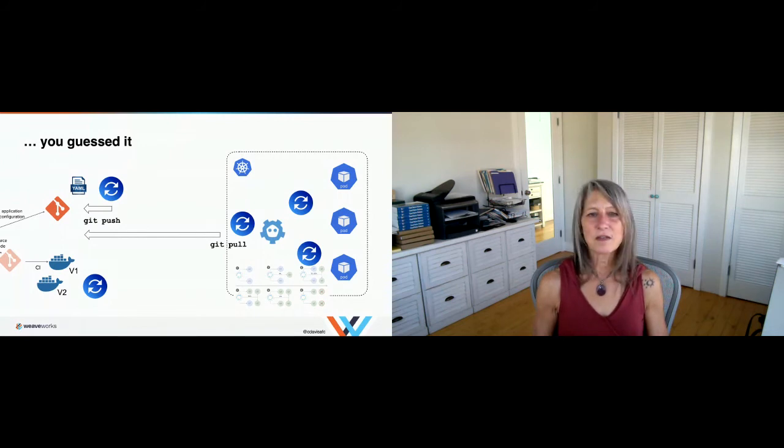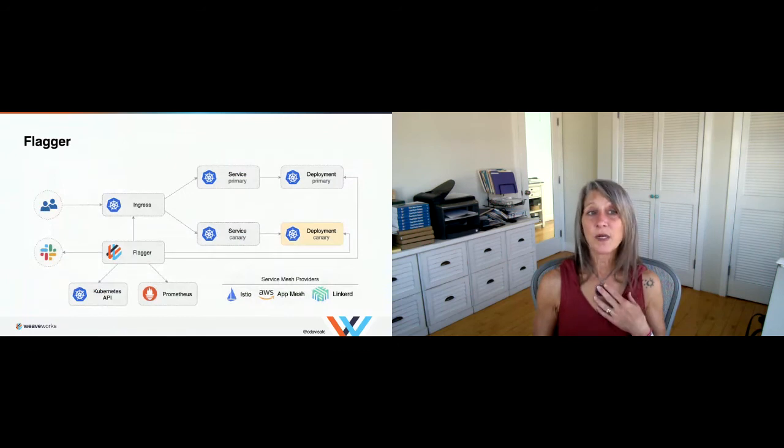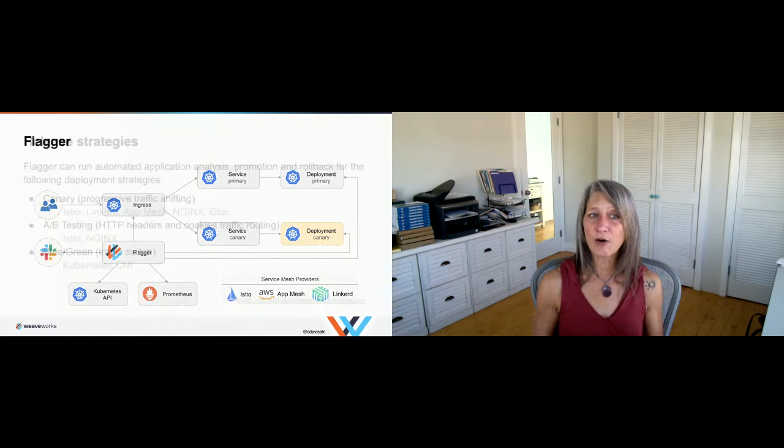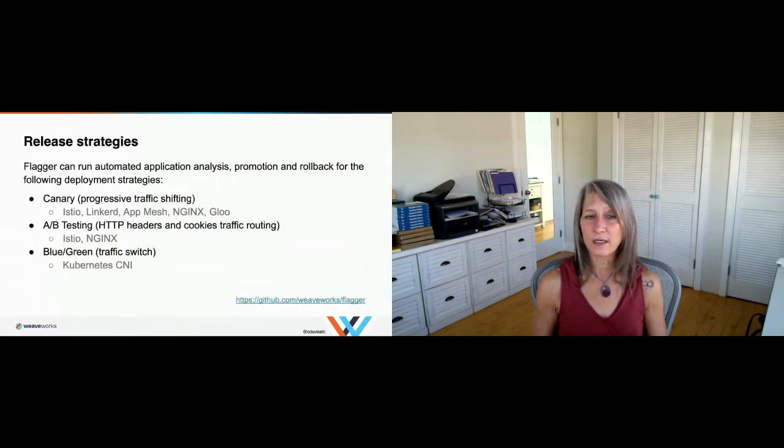And yes, here's the slides that I was talking about. There's an open source project that my company, Weaveworks, had originally created, but has been donated to the Cloud Native Computing Foundation called Flagger, that implements these various release strategies like canaries, A/B testing, blue-green, and so on.